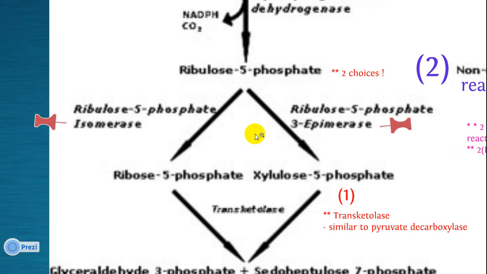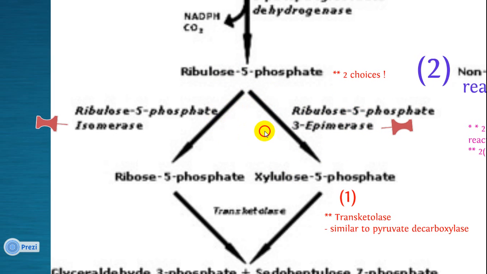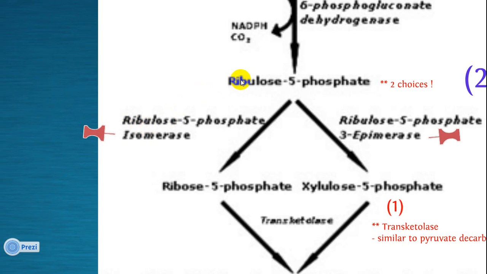What will determine the conversion is the enzyme. If the ribulose 5-phosphate reacts with ribulose 5-phosphate 3-epimerase, it will be changed into xylulose 5-phosphate. Xylulose is an epimer of ribulose. So remember that: to make the epimer, you need an epimerase. Okay? To make the epimer of ribulose, you need an epimerase enzyme, and to make the isomer of ribulose, you need an isomerase enzyme.